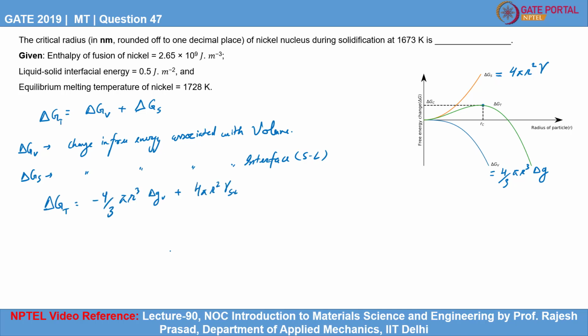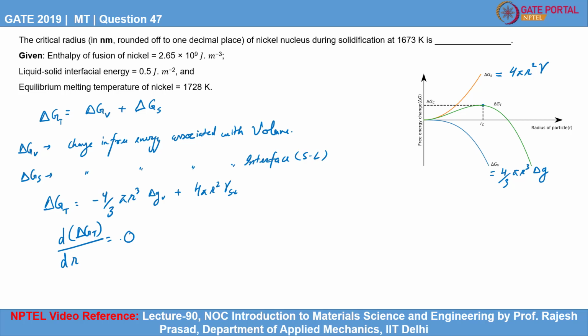Now the critical radius r star occurs when delta G has a maximum, and it is given by the condition, that is, what is the principle of maxima and minima? You will follow that method. The derivative of total Gibbs free energy change should be equal to 0. That will tell you the maxima.